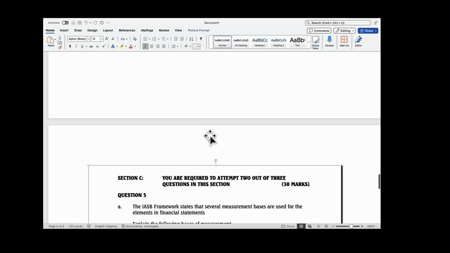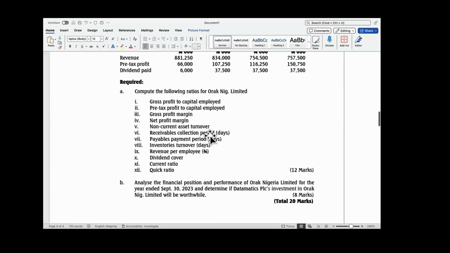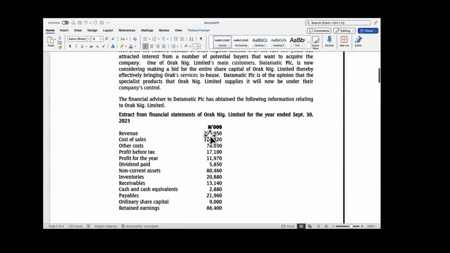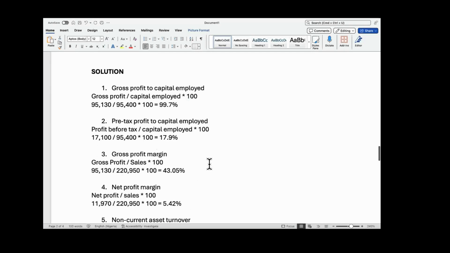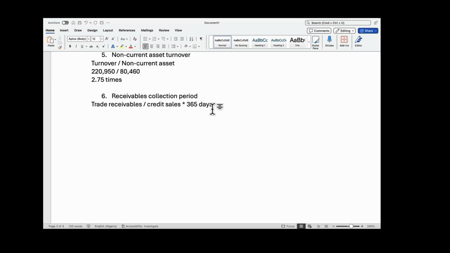So from the question, what's our trade receivables? They gave us our receivables as 13,140, and our credit sales is 22,950.